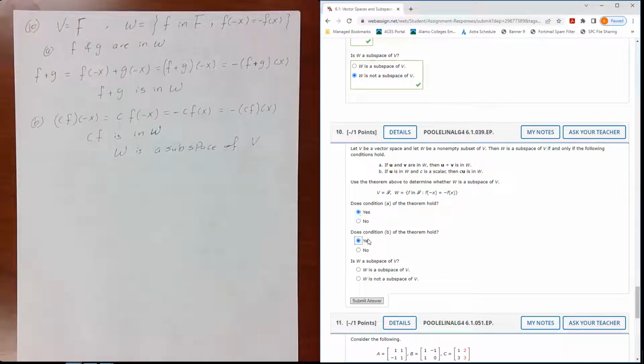The second condition also yes. And then it's a subspace.